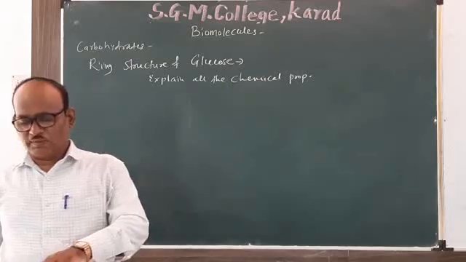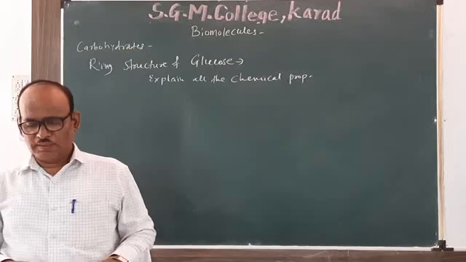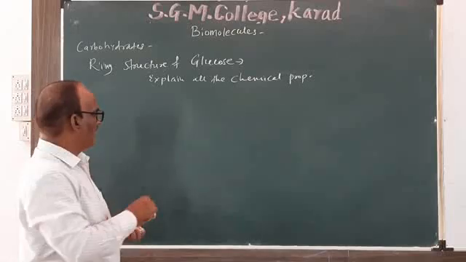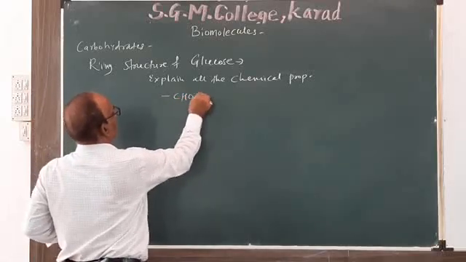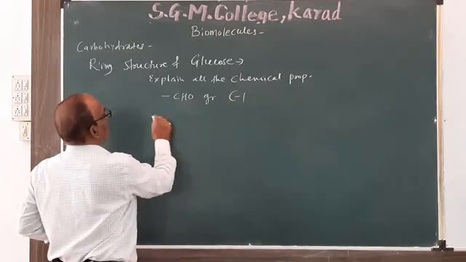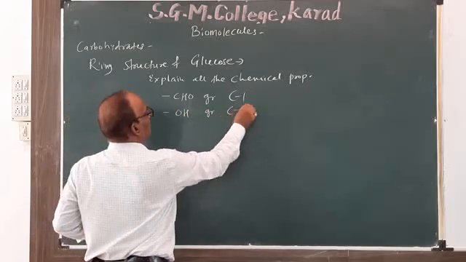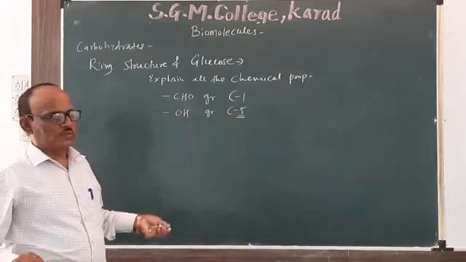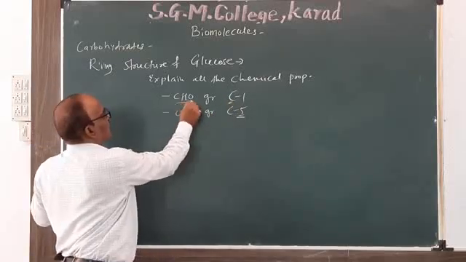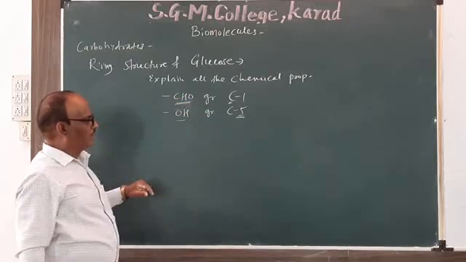By using the ring structure, we can explain all the chemical properties of glucose. The ring structure is formed by the CHO group from the C1 carbon atom and the OH group from the C5 carbon atom. Glucose contains 6 carbon atoms. At carbon number 1, the CHO group is present. At carbon number 5, the CHOH group is present.